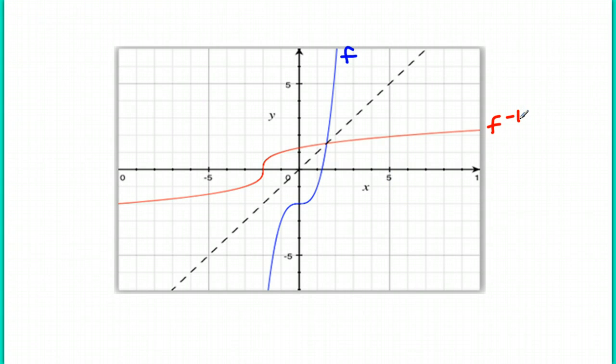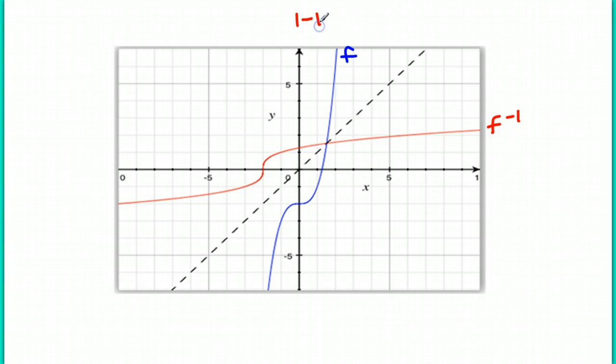Okay. So if you look at f alone, so kind of ignore the red graph here, f is a function for sure because it passes the vertical line test. Now f also has an inverse because it passes the horizontal line test. No matter where I draw that horizontal line, it's only going to cross the graph at one point. So this is a one-to-one function.